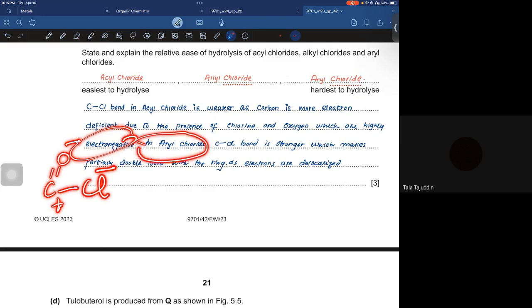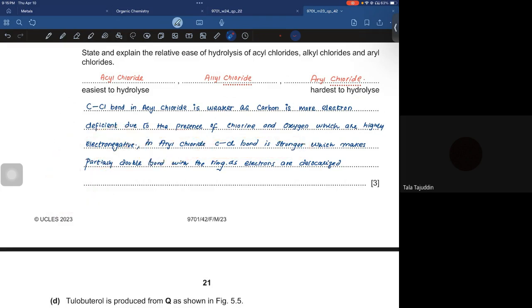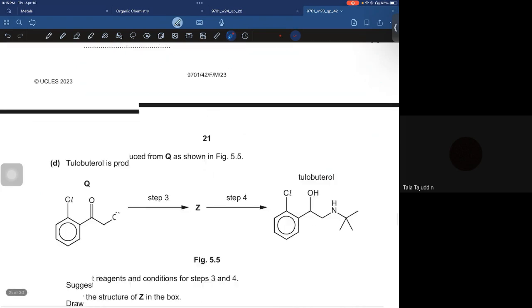So they are going to make this bond weakest. In aryl chloride, the C-Cl bond is stronger, as the bond has double bond character, as I told you. So it becomes stronger and it's not going to break down easily. That's the reason the hardest to hydrolyze is aryl chloride, and the easiest to hydrolyze is acyl chloride.